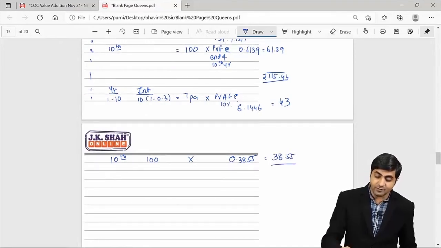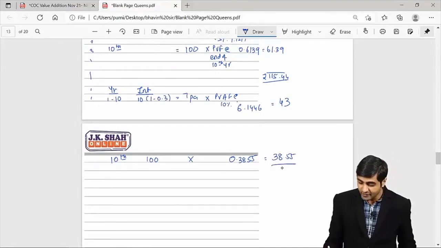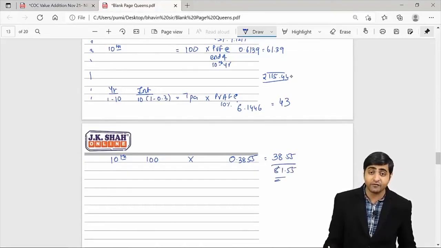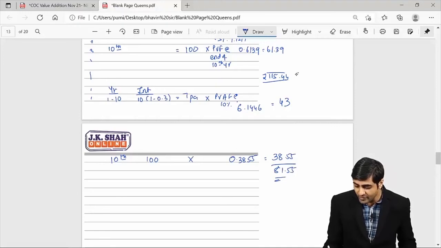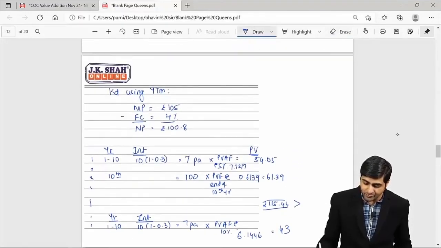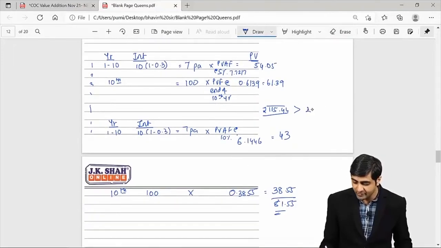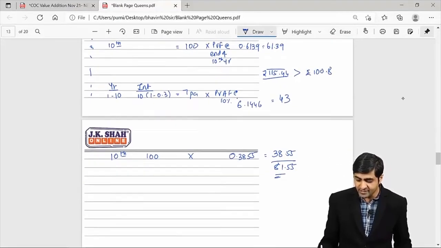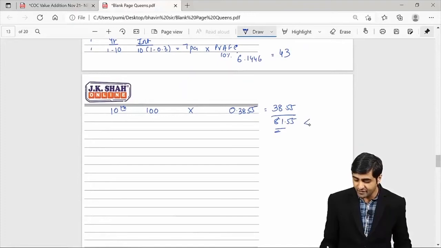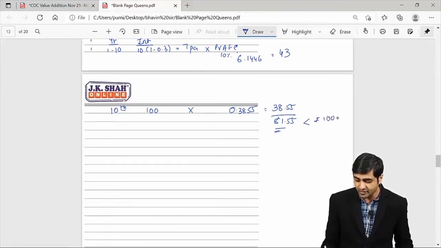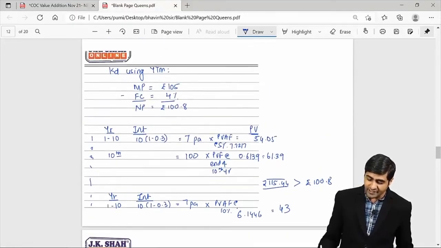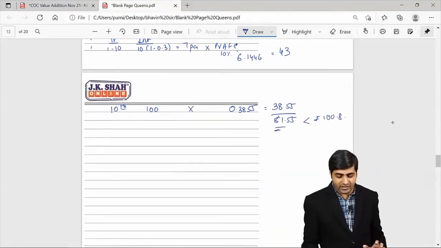So the total of this will become 81.55, and guys, this 115.44 is going to be greater than your net proceeds, which is nothing but 100.8, and this particular 81.55 is less than your rupees 100.8. So guys, have we identified what the range is?